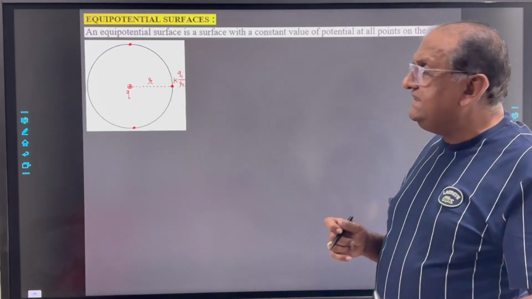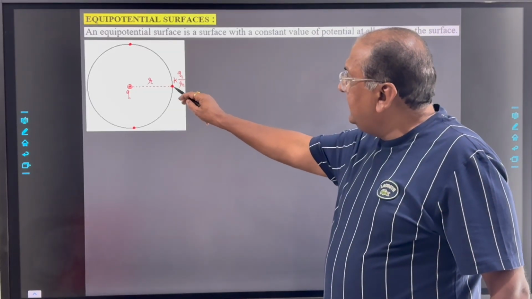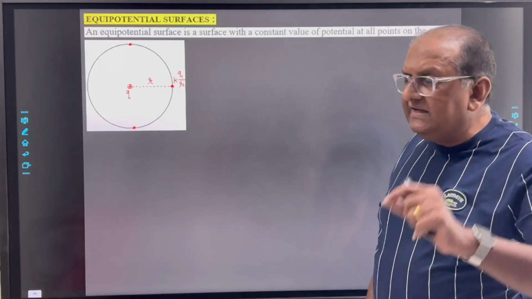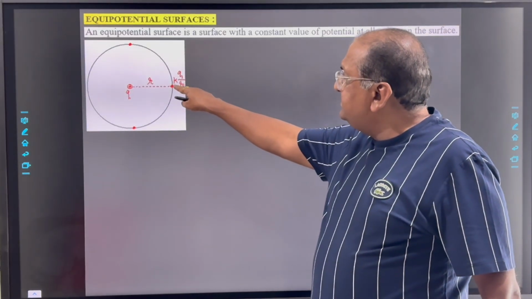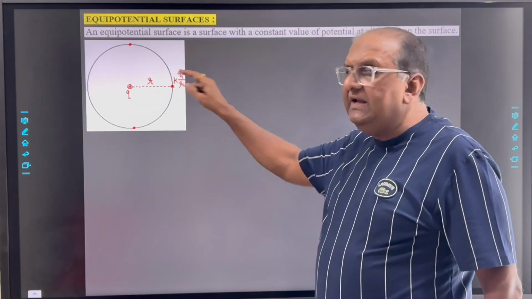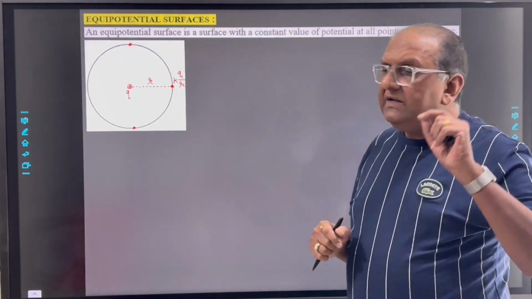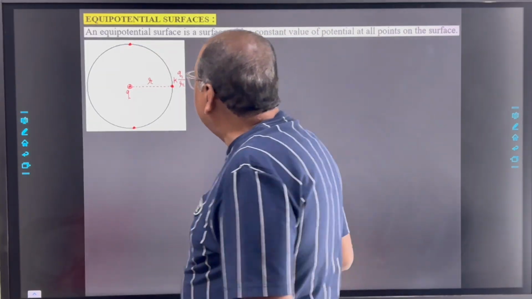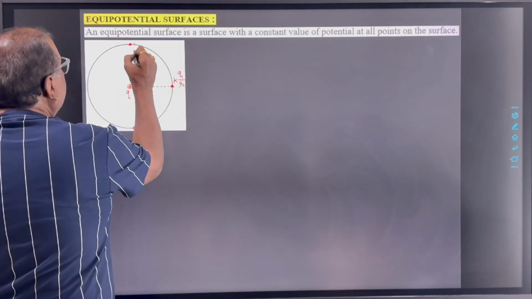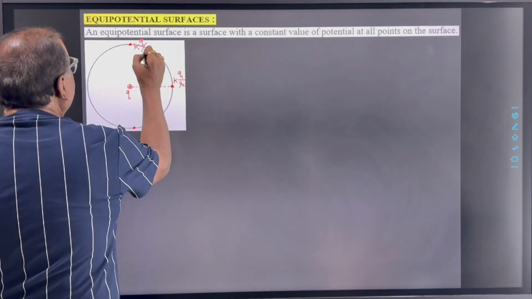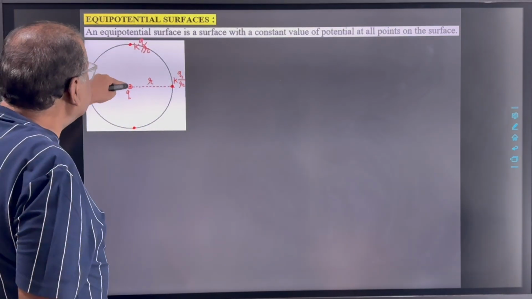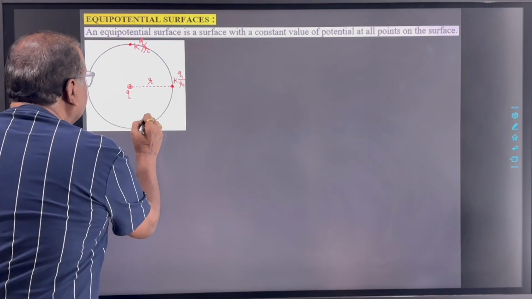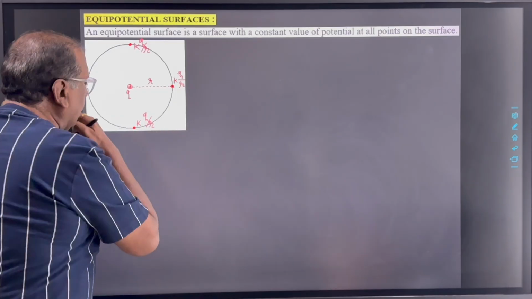Now if we consider this point on the surface of this spherical shell, then the potential will be kq by r. But if you consider this other point, then here also the potential will be the same, kq by r, because distance is r. Here also you will get the potential kq by r.